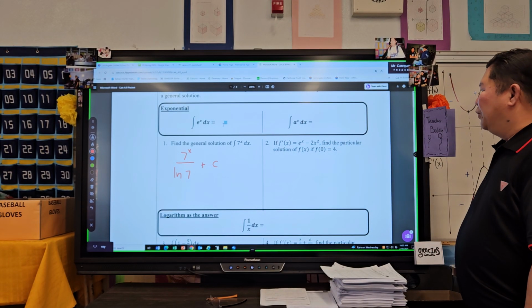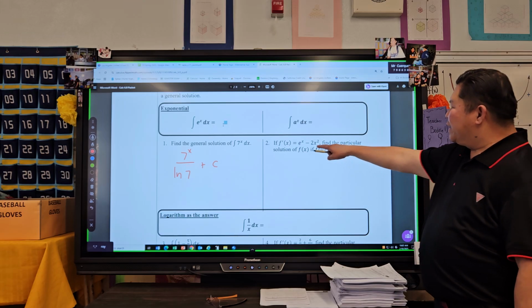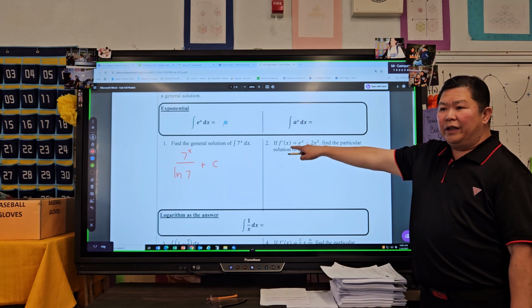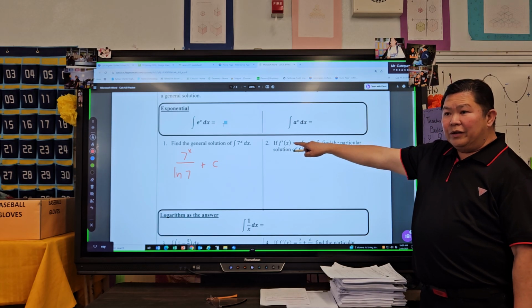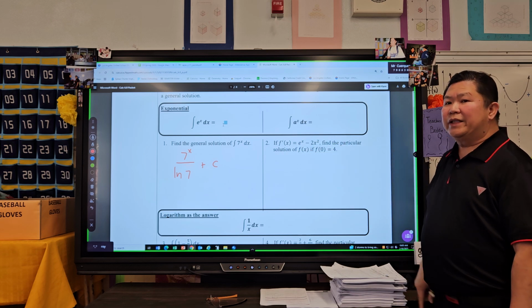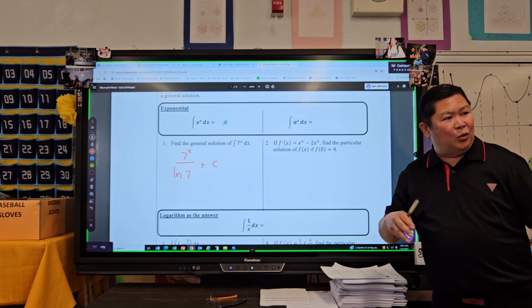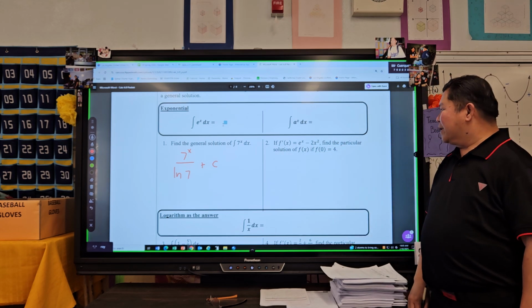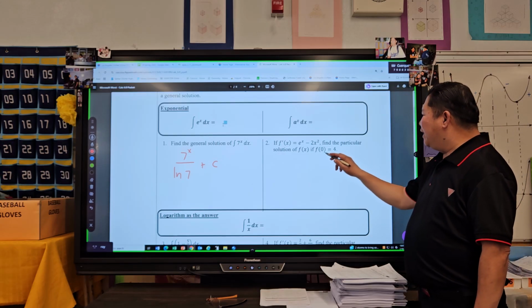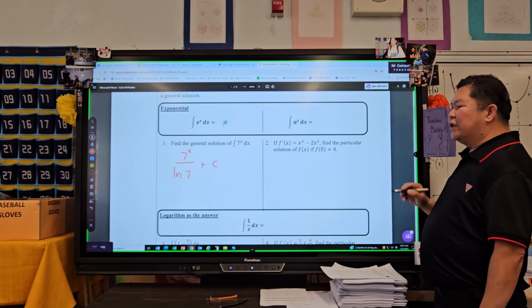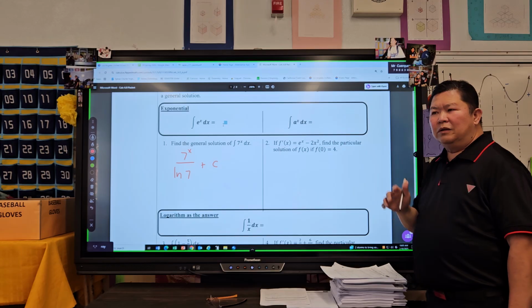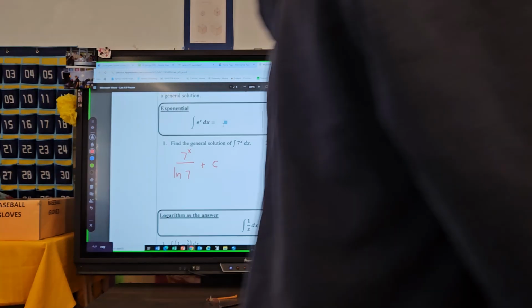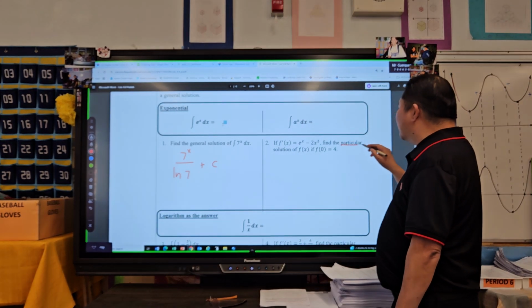Now, moving on to number 2. Remember, this is a derivative already. So that means we're gonna do the antiderivative. We're gonna go back to the f of x. But it says right here, find a particular solution. So, what comes to your mind if the question is a particular solution?